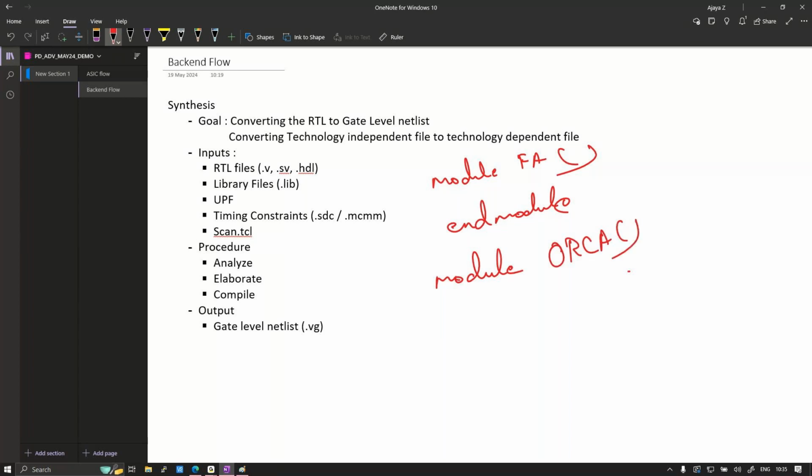So instead of using that full code again and again, what we can do is give nicknames: full adder U1, full adder U2. So I'm going to be calling that particular full adder multiple times. This is called instantiation. Okay.